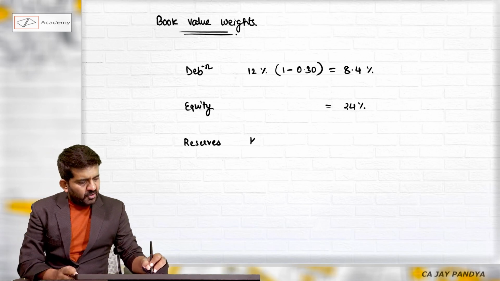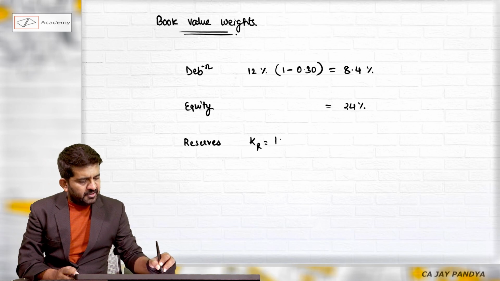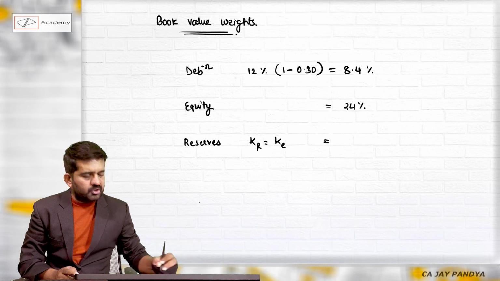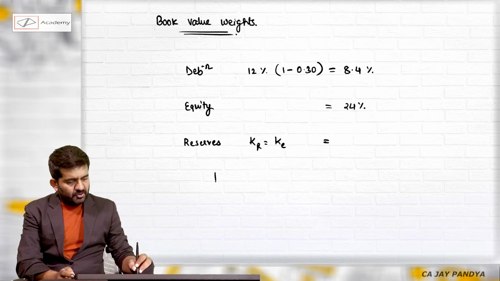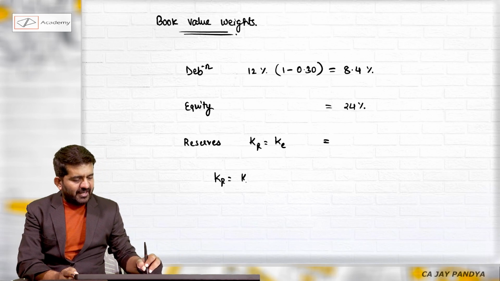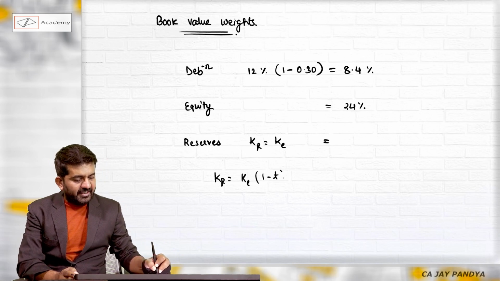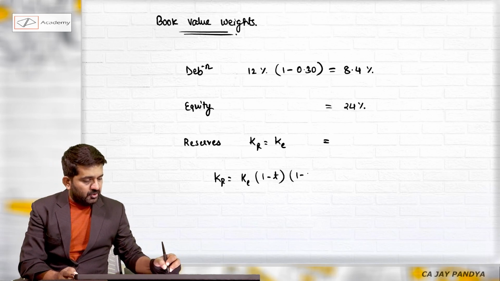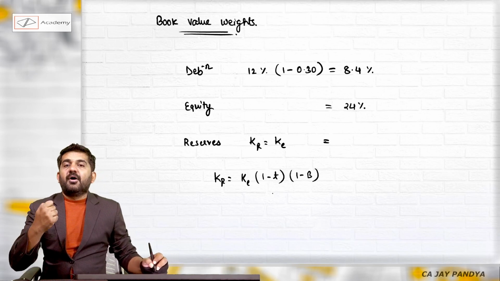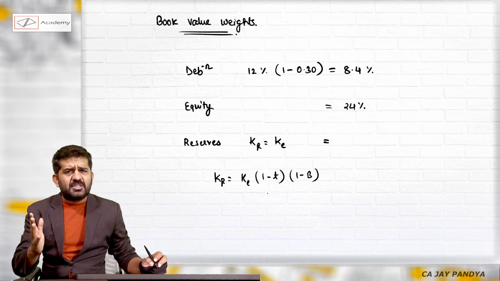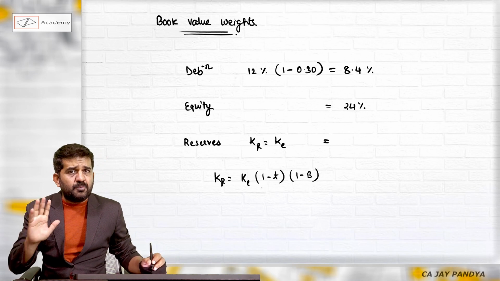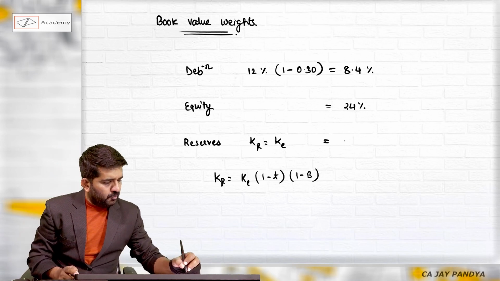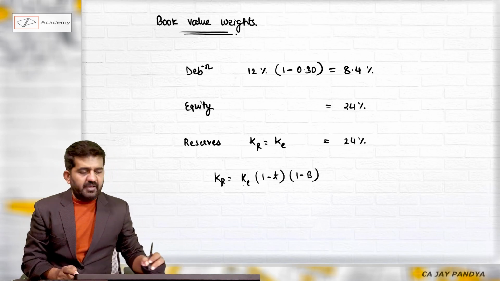In absence of information, cost of reserve is equal to cost of equity. We can also find out cost of reserves by cost of equity into 1 minus personal tax rate into 1 minus brokerage, and we get cost of equity. But personal tax rate and brokerage assumed as nil, cost of reserve will be cost of equity.